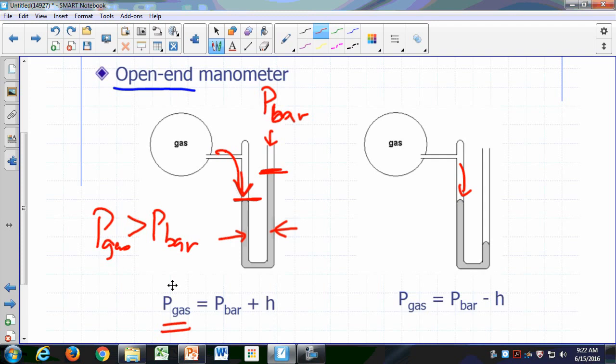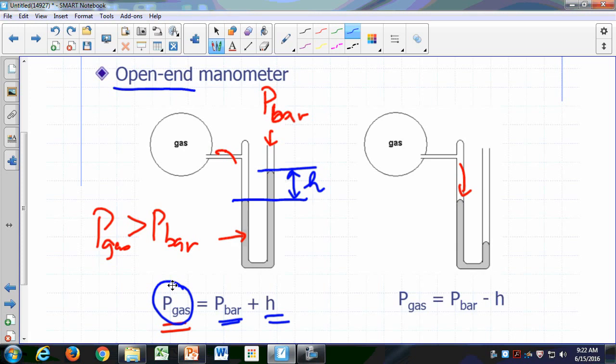Okay? So this difference in the height of the mercury columns, this height right here and that height right there, the difference in the height, let's call that H. That's the difference between the barometric pressure and the pressure of the gas. So since the gas is higher, you add H to the barometric pressure to get the pressure of the gas.